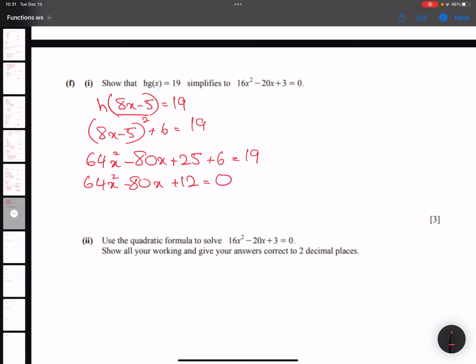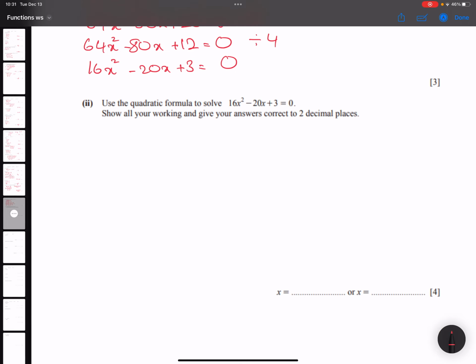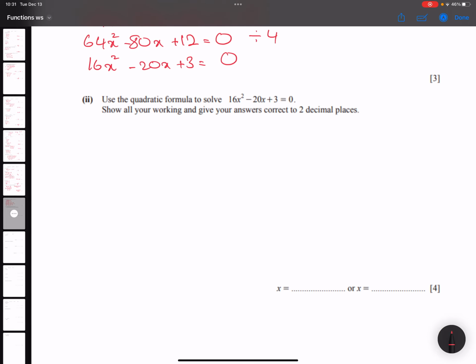Divide everything by 4, so it's going to end up being 16x squared minus 20x plus 3 equals 0. Now use the quadratic formula to solve this. I'm not going to solve it, so just solve it on your own, because we've already done a question like this before.